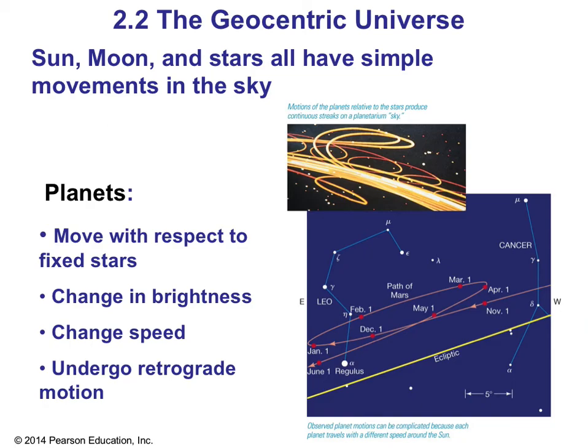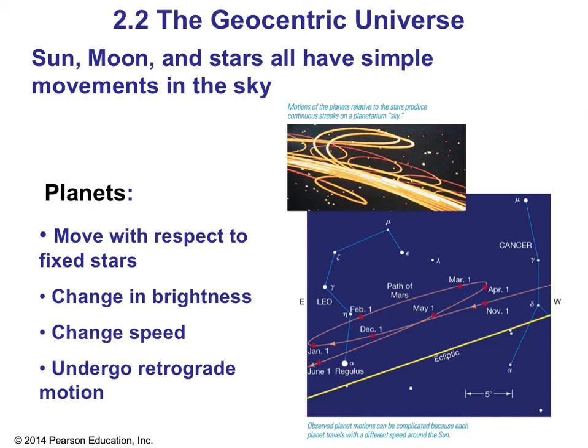Oftentimes, scientific discoveries were limited by the Catholic Church because science had to follow what was written in the Bible. And in the Bible, it stated that the Earth is the center of the universe. So those early astronomers were trying to build and come up with models that would fulfill the idea of Earth being in the center of the entire universe.